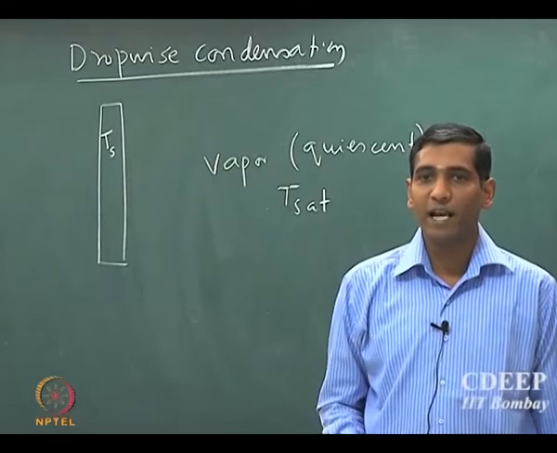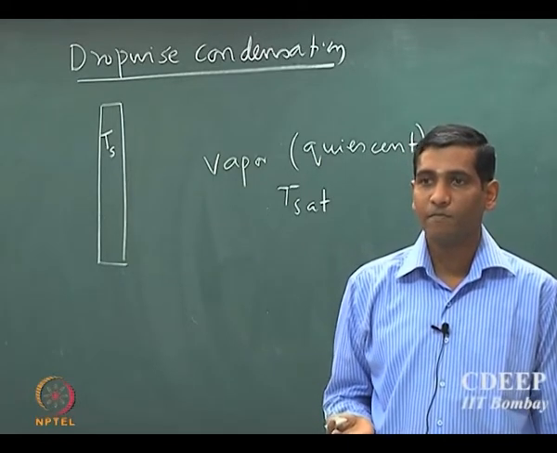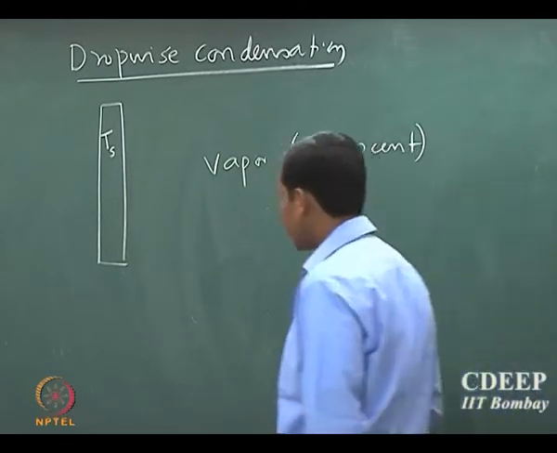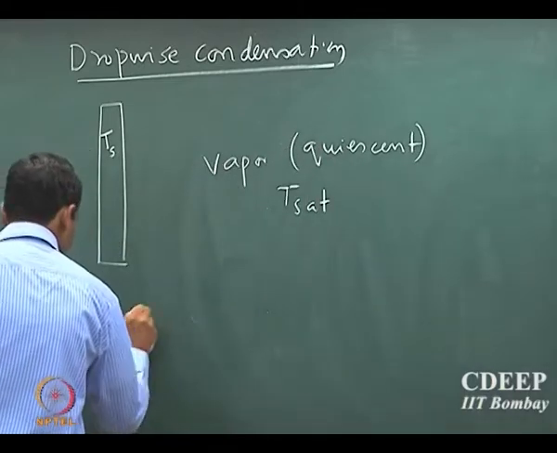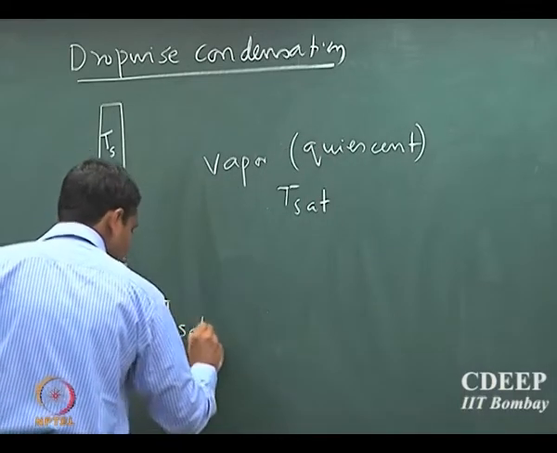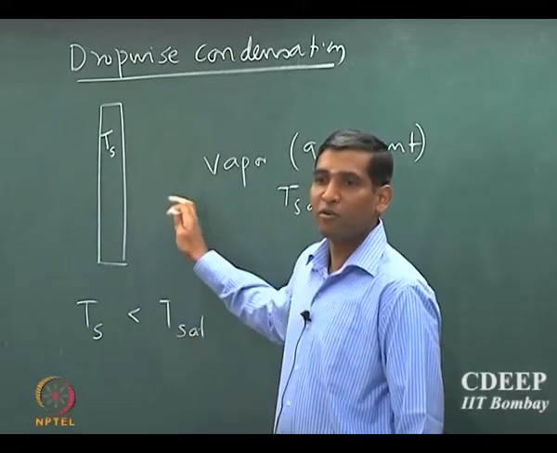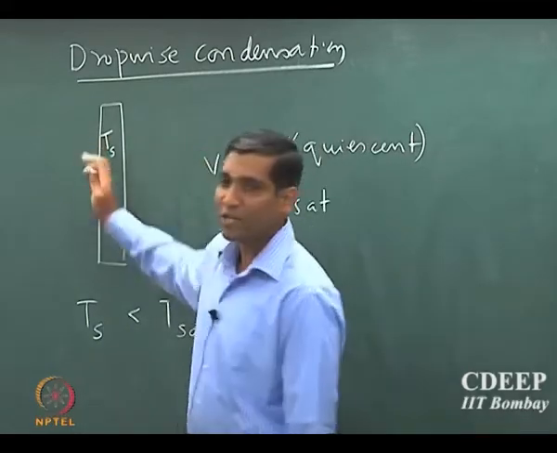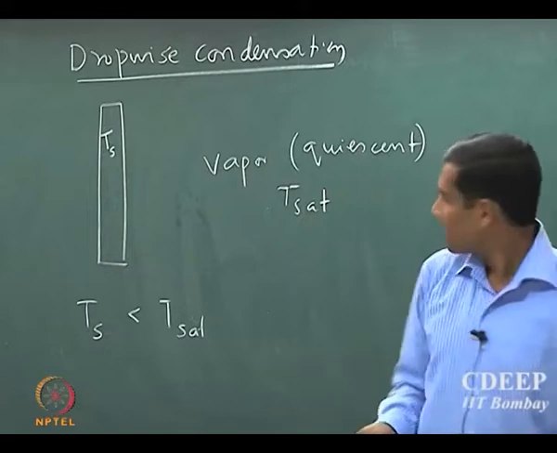So, should Ts be less or greater than Tsat? It should be less than Tsat, because vapor is now going to lose heat, it is going to form liquid, and that heat is being taken up by the wall. Okay.